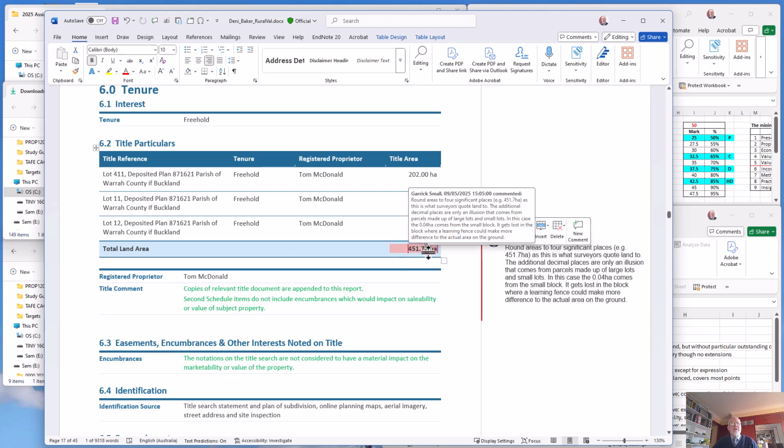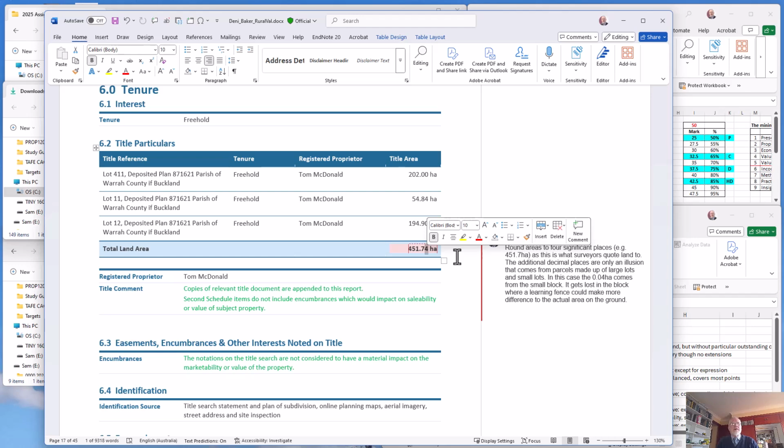This last significant figure is meaningless as long as it approximates to 451.7, and that's about as accurate as we go. Realistically, it's not going to make a lot of difference to value either. We're talking in this case to a tiny amount of land compared to the whole paddock.